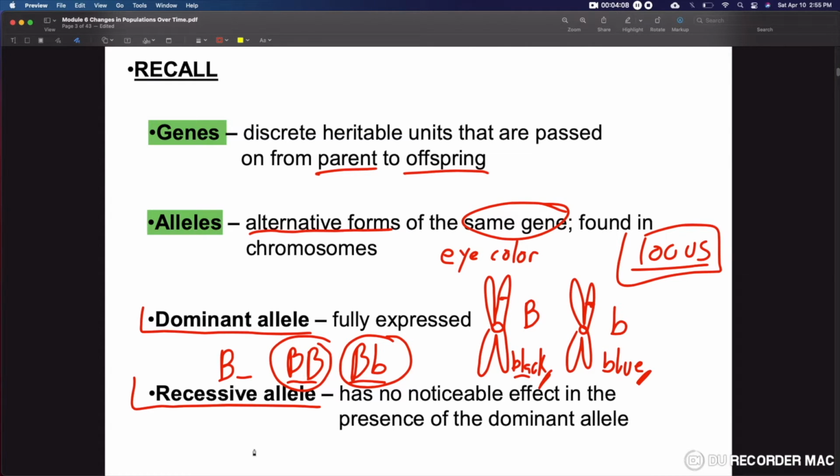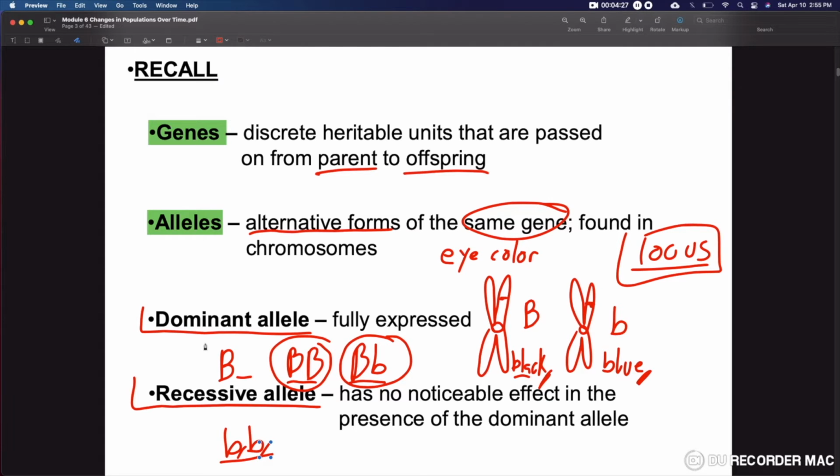But for your recessive allele, you need a homozygous recessive, all the small b variant, the blue variant of that eye color gene, for it to be fully expressed.